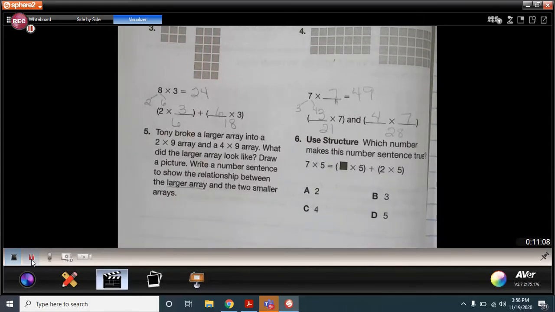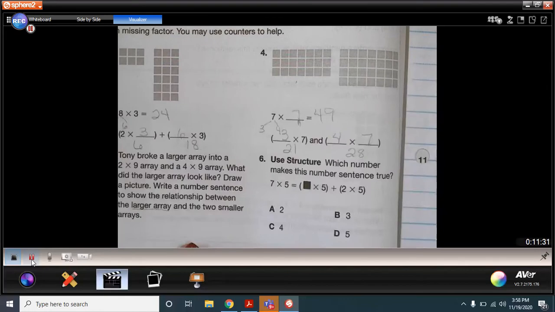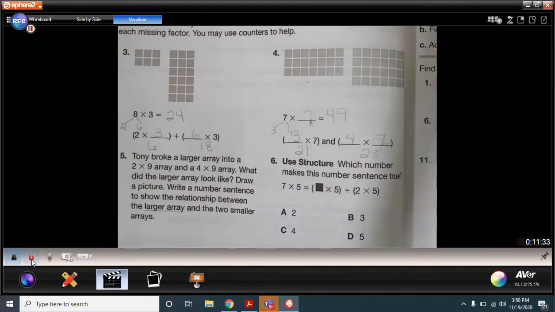So it says Tony broke up a larger array into 2 rows of 9, and 4 rows of 9. What did the larger array look like? Draw a picture and write a number sentence to show the relationship. Relationship means how they fit together between the large array and the 2 smaller arrays. So how do the 2 smaller arrays fit together with the large array?